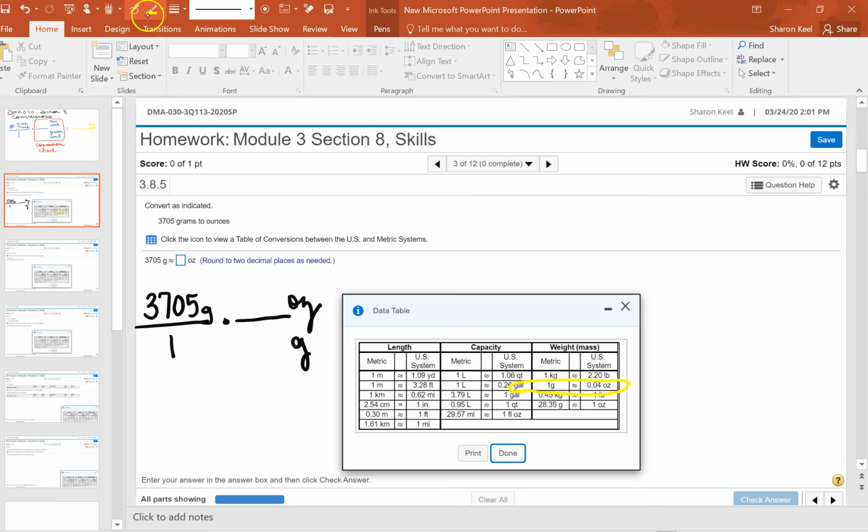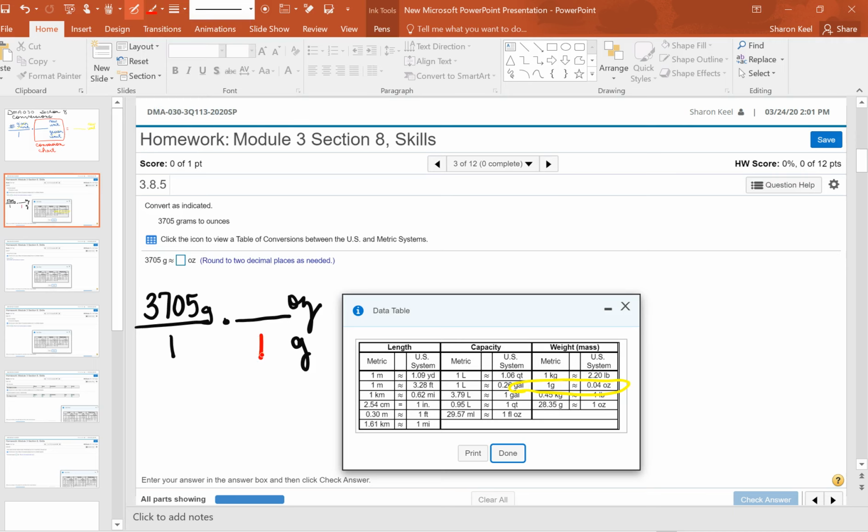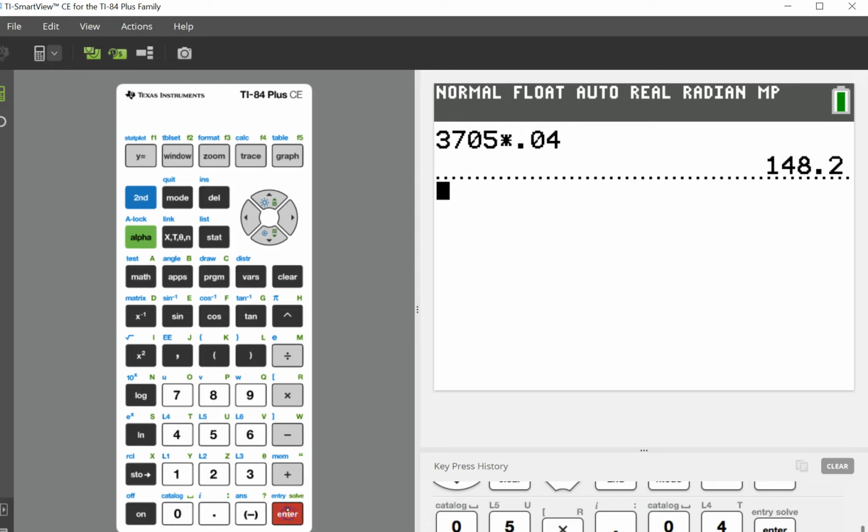So we're going to plug in 1 beside gram, and we're going to put 0.04 here for ounce. Our gram and our gram are going to cancel, and then you're going to use your calculator and multiply 3,705 times 0.04, and that's going to give you 148.2.